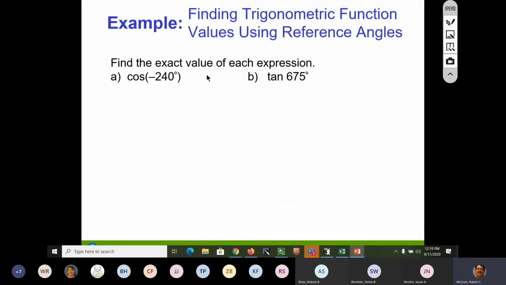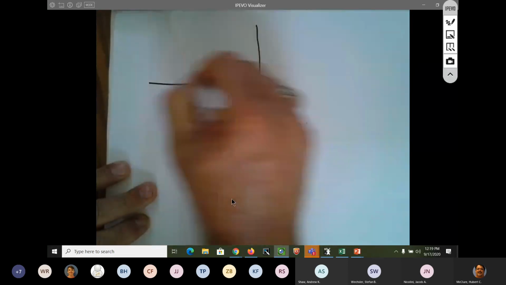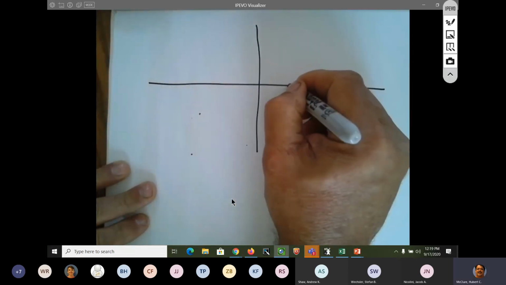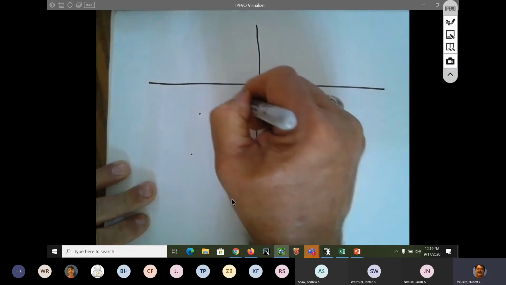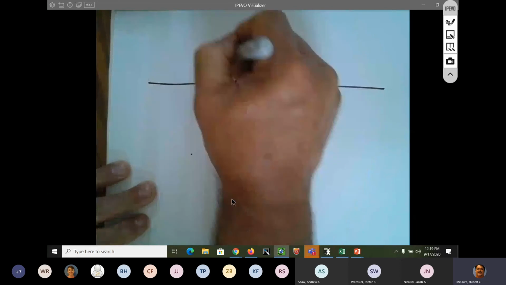Find the exact value, that means with a radical, of each expression. -240. Now remember, when they say -240, that means the way the real world turns it, to the right. Well, there's 180, 240 would be here somewhere.